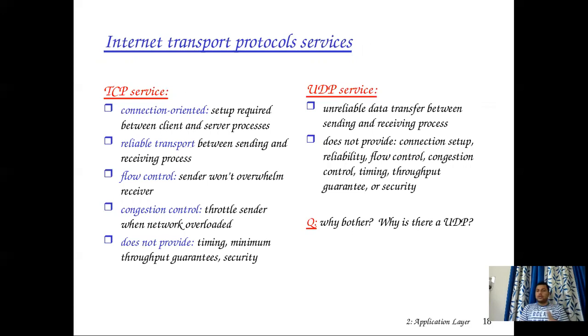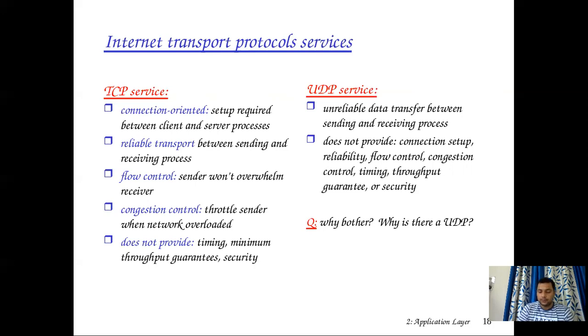Now, those services which the application designer seeks from the transport layer are being provided through TCP and UDP services. Here we will see what exactly we are expecting from the transport layer, whether they are delivering on those expectations or not. So the TCP service will provide reliable data transfer.